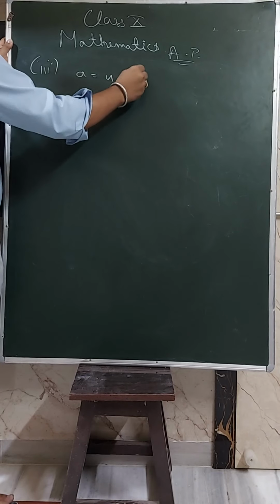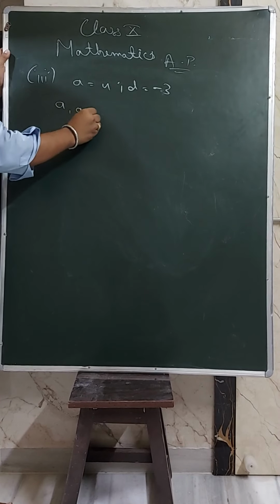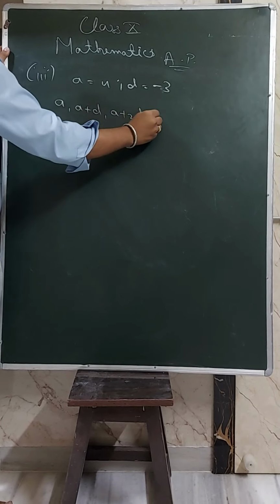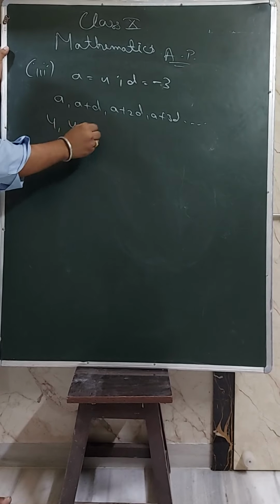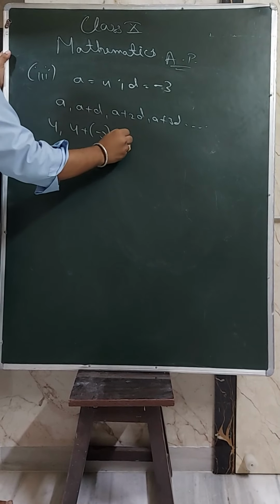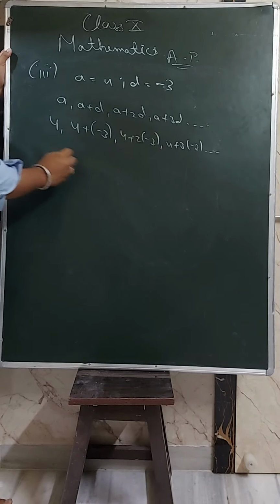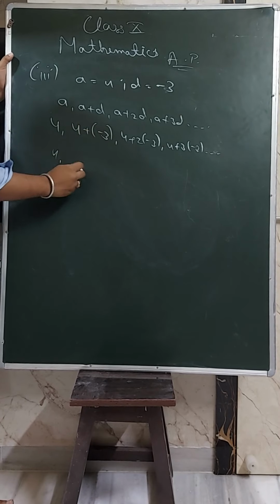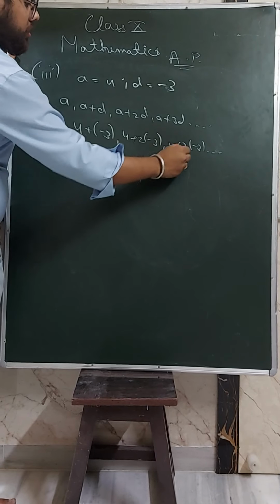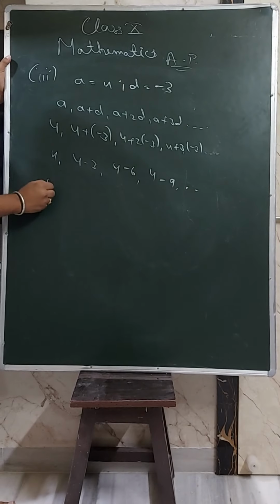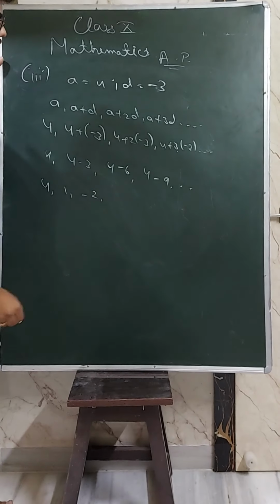So a, a plus d, a plus 2d, a plus 3d. a is 4, then 4 plus -3, 4 plus 2 times -3, 4 plus 3 times -3. 4 minus 3 is 1. 2 times -3 is -6, 3 times -3 is -9. 4 minus 6 is -2, 4 minus 9 is -5.